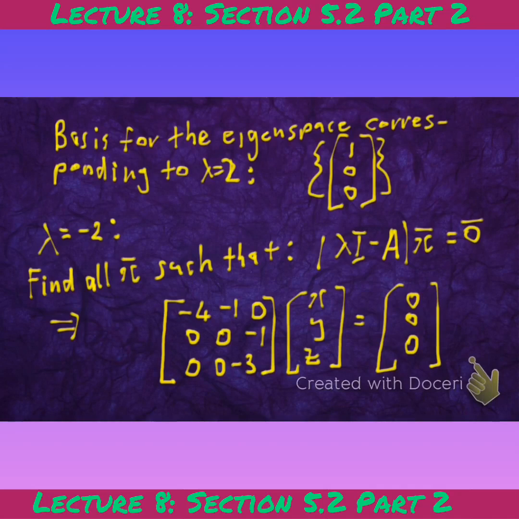For lambda equals minus 2, we need to find all x's such that lambda I minus A times x bar is equal to the 0 vector, and that becomes this expression. Just remember that the matrix A is that matrix there.